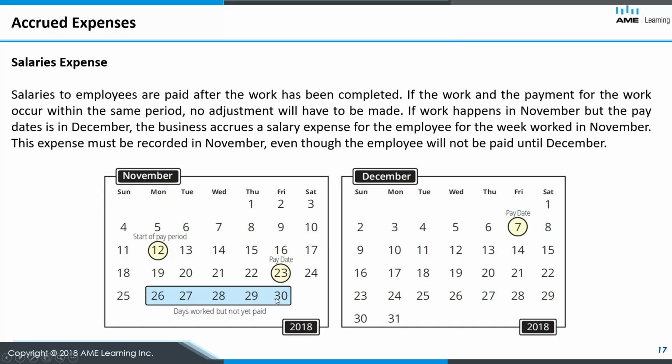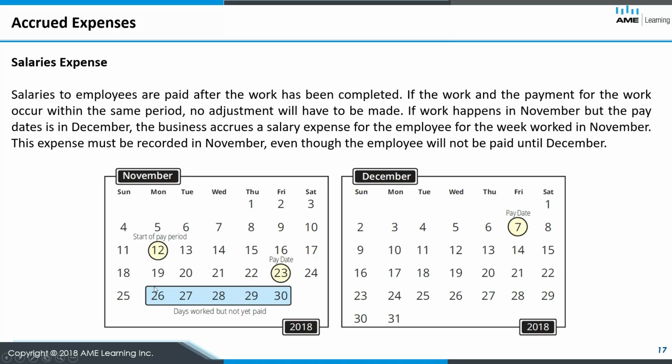And so we as the accountants need to be able to look into the payroll system and the timing, and understand that we owe this money to these employees now, at the end of November, I should say, on November 30th for all these days, because those employees have worked those days, even though they're actually going to get paid the following Friday in December.